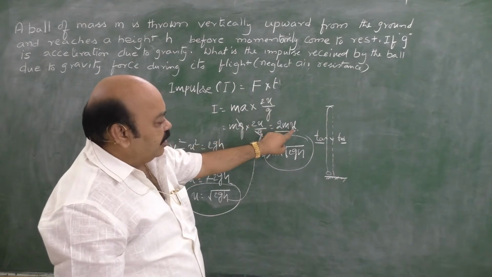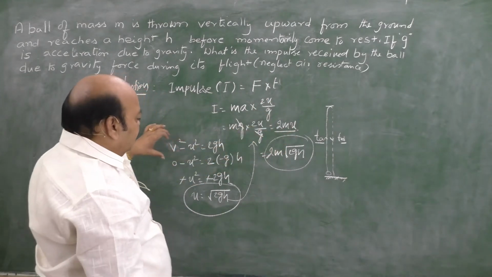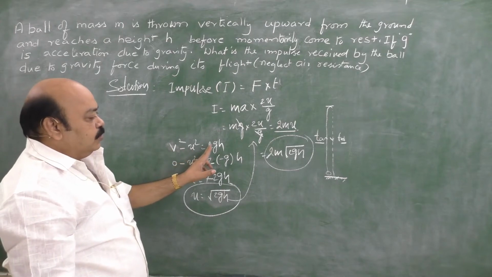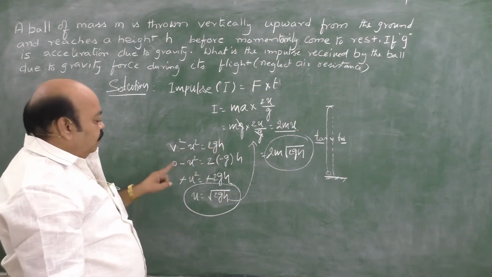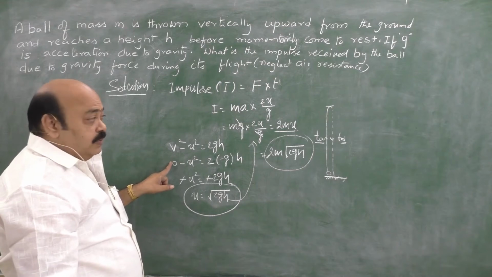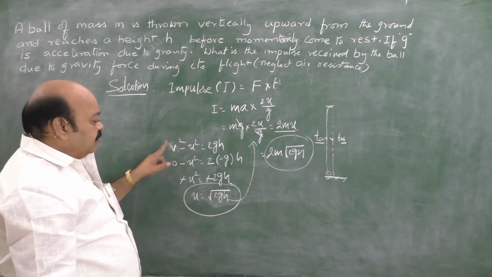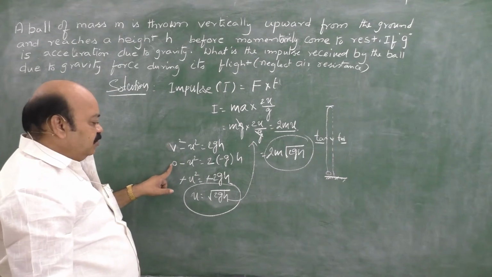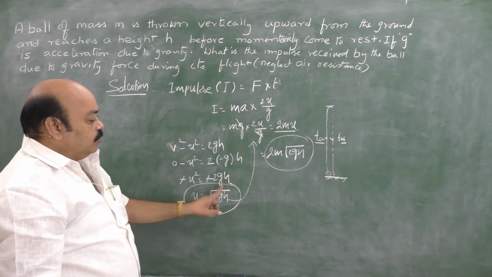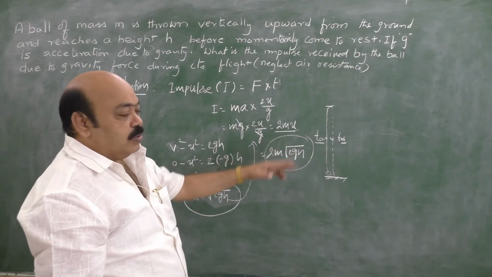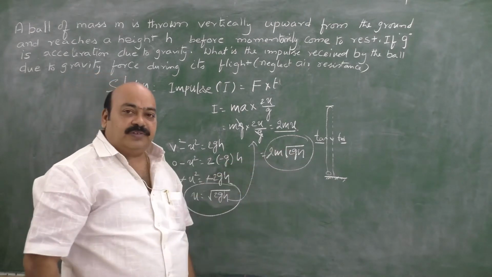Here the only unknown factor is u. We can calculate the value of u using the relation v square minus u square is equal to 2gh. Final velocity is 0 because we are calculating to the maximum height only. At the maximum height of the body, the velocity is taken as 0. That's why u is equal to square root of 2gh. Hence, the final value, 2m into square root of 2gh, is the final answer.